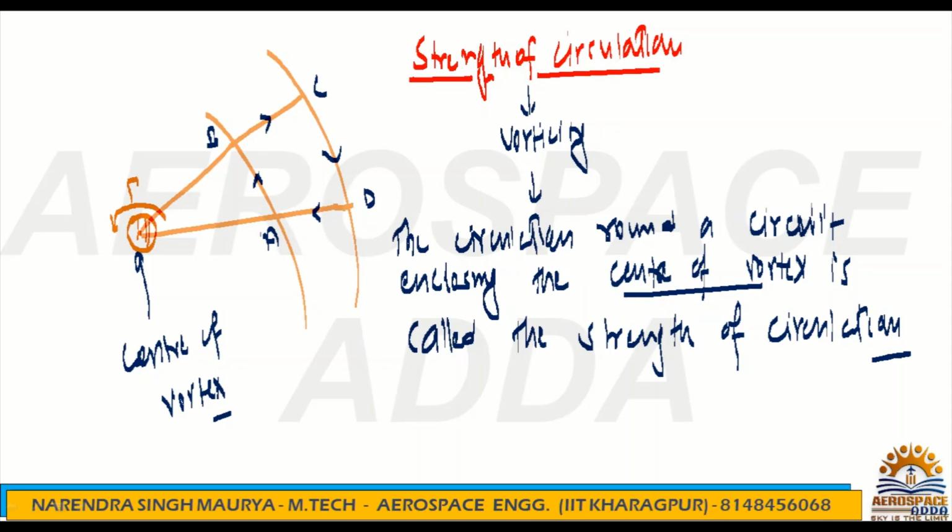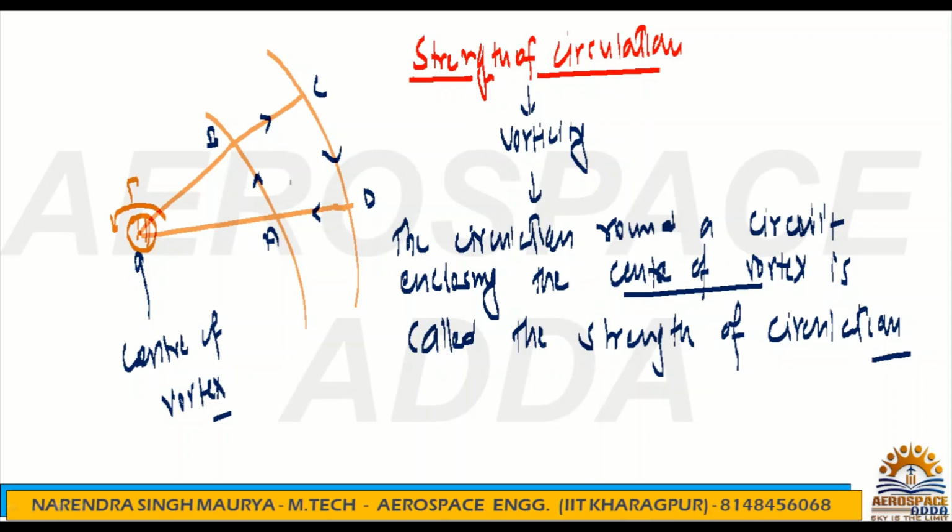So it is very important. Always, if you want to calculate the total circulation round this circuit ABCD, then the center of vortex should exist inside the circuit.